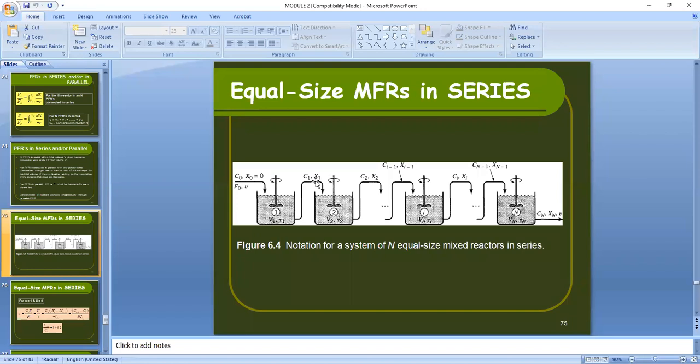So this leaves reactor 1, so this is C sub 1, X sub 1. This one is C sub 2, X sub 2, and this one is C sub n, X sub n, because this is your nth reactor. Well, this one is C sub i, X sub i, any ith reactor in your series of MFRs. So that's how we represent it.